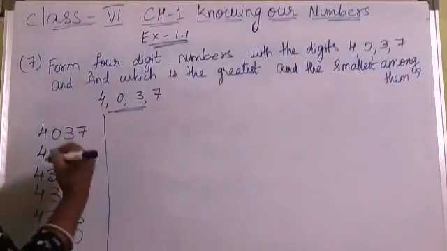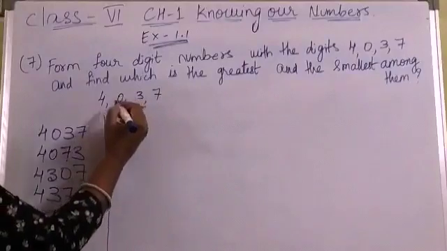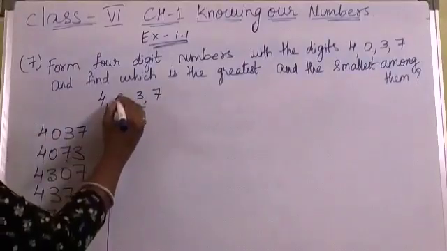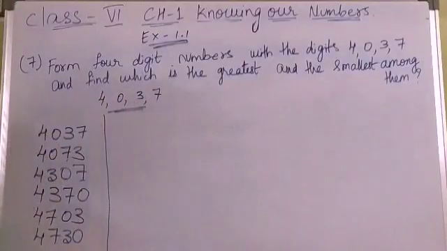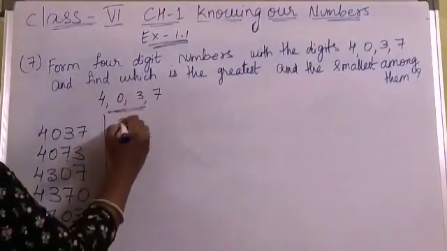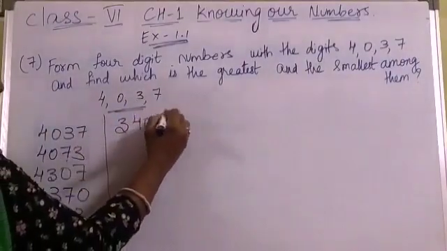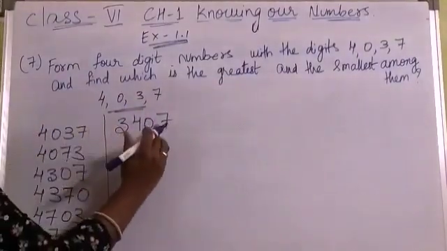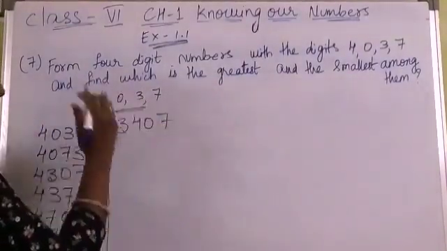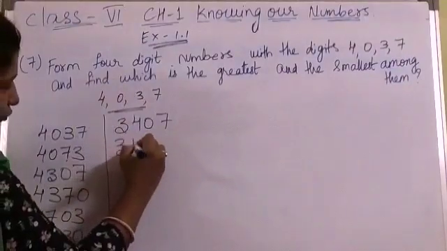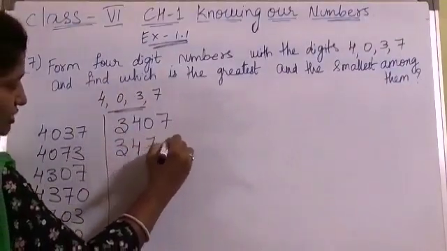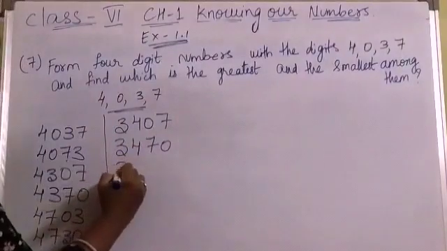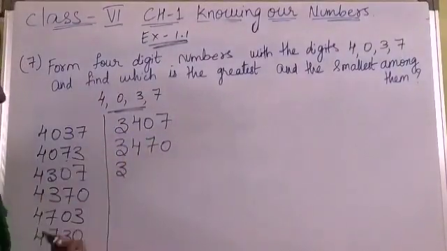Coming to another one, we will take the next number. See, 0 we can't write in the thousands place, because if I write 0 in the thousands place, it becomes a 3-digit number. So I will take another number here, 3407. Now I took 3 in the thousands place, 4 in the hundreds place, 0 in the tens place, 7 in the ones place. So again 3, 4, 7, 0. Now 3 in the thousands place, 4 completed two times in the hundreds place.